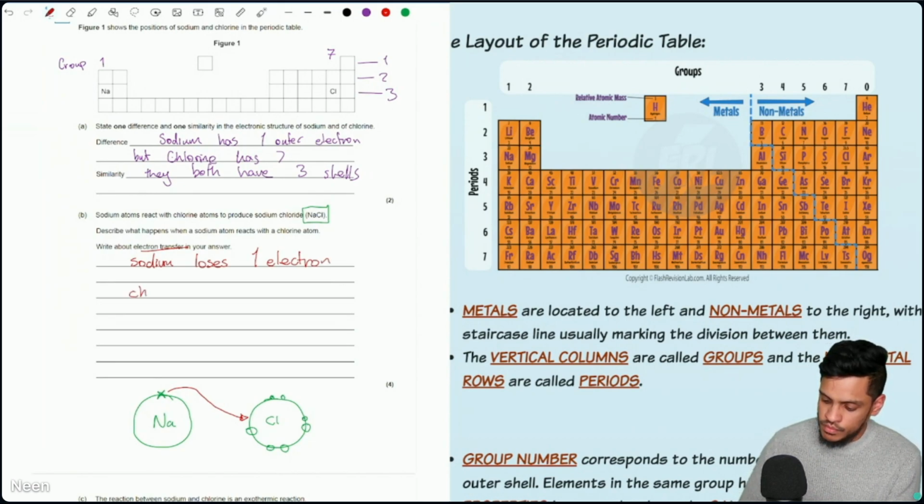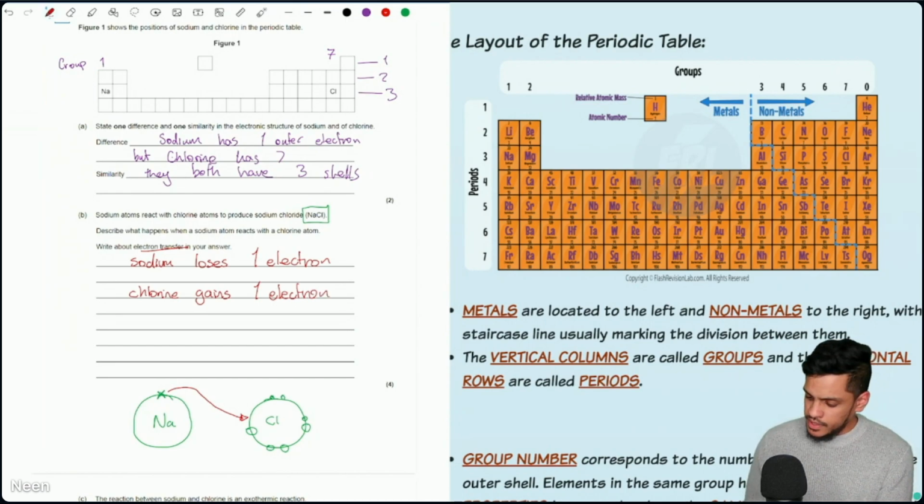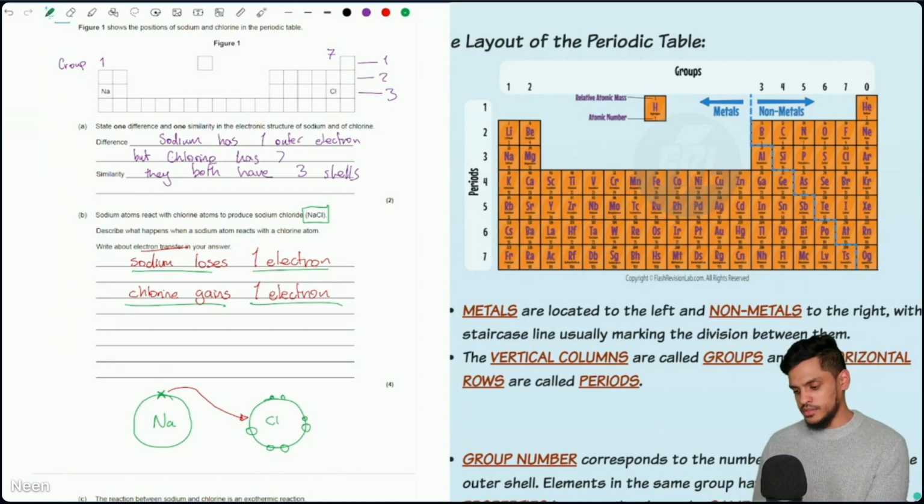Then chlorine gains 1 electron. That is actually all 4 marks. I'll tell you what the marks are: sodium loses is 1 mark, 1 electron is 2 marks, chlorine gains 3 marks, 1 electron, 4 marks.